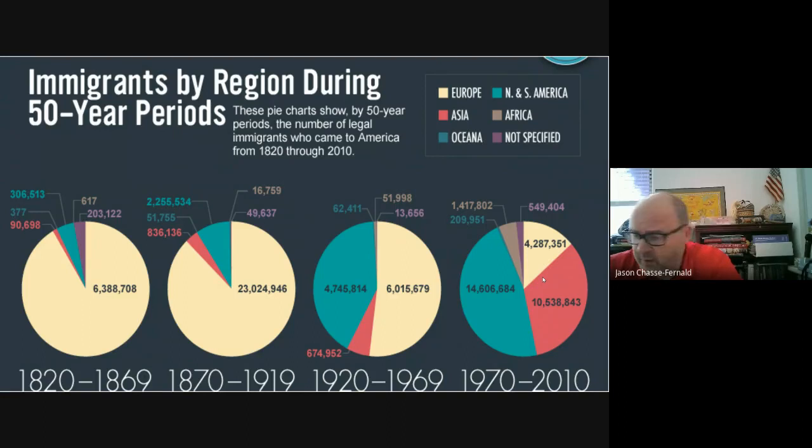So when we go over the answer in class, the general answer that kids provide is that the reason for the drop in the percentage of immigrants coming in from Europe is because of a change in push factors in Europe. Post 1945 is a relative period of peace in Europe.